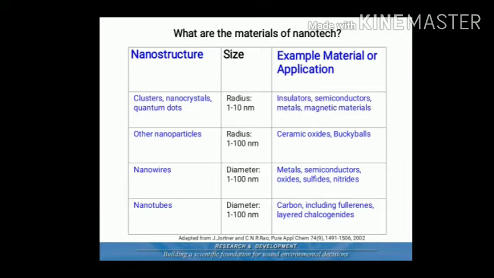For nanowires, diameter 1 to 100 nanometers, then metal semiconductors, oxides, sulfides, nitrides. For nanotubes, diameter 1 to 100 nanometers, carbon, including fullerenes, layered chalcogenides.